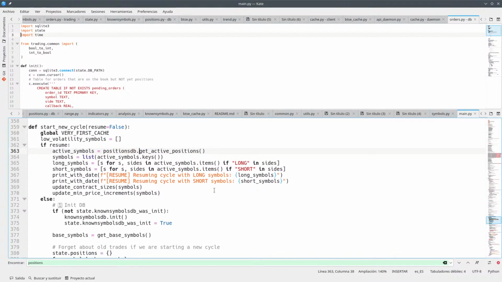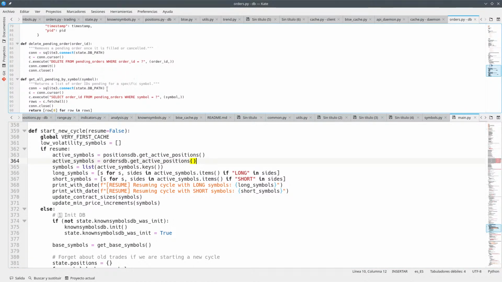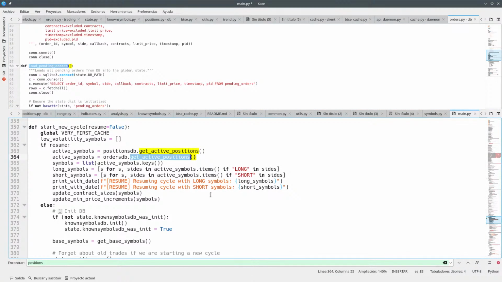So active symbols. So this is orders db. So load pending orders. Yeah, that's what we actually want to do.